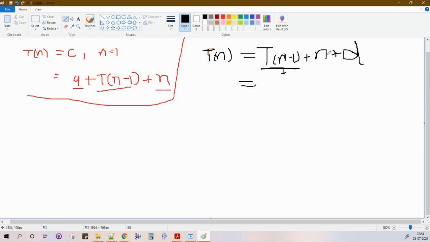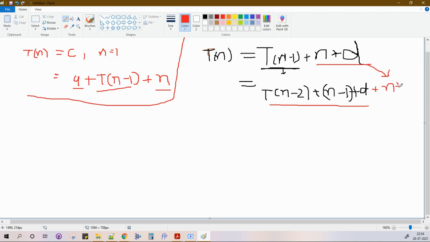It is n minus 1 in place of n. So what would be the equation of n minus 1? It would be t of n minus 2 plus n minus 1 plus d. Yes or no? Correct. So this is the equation for t of n minus 1. And these two were there, only these two were there, so we can't keep them away. So n plus d I have. So let me frame it beautifully.